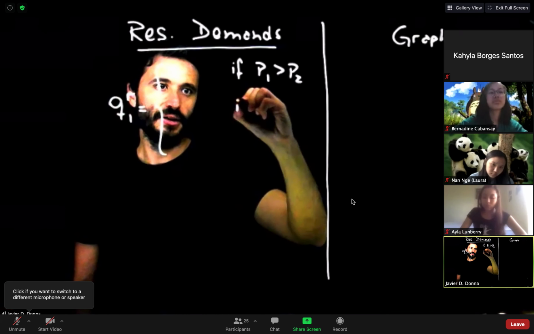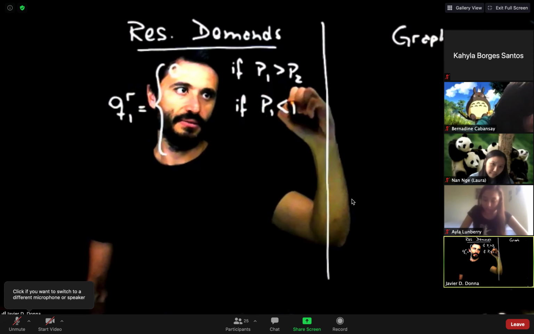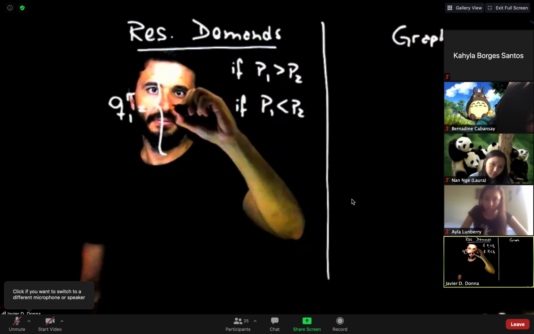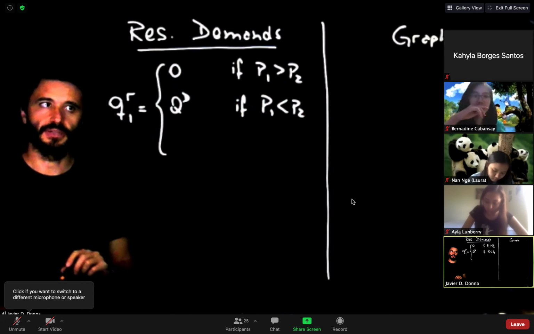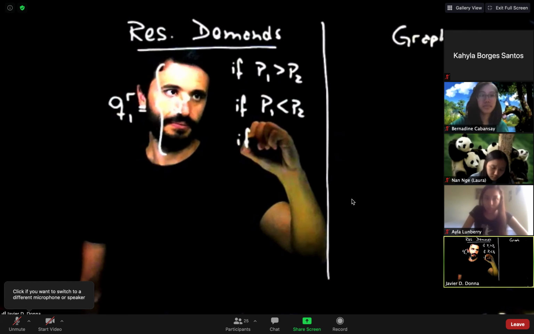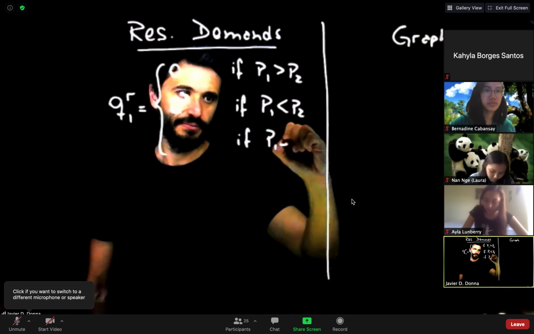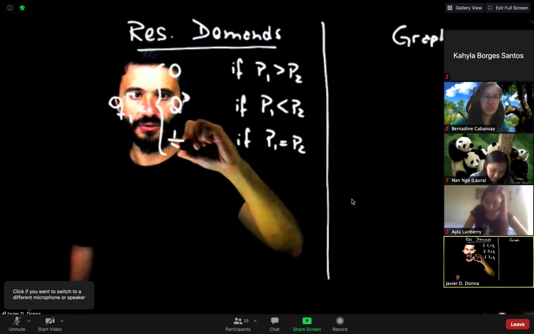If it's charging the low price, it gets the whole market demand, Q sub T, the market demand. And if they are the same, they split the market, one half.